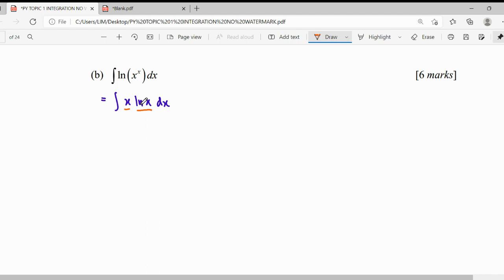So for integration by parts, the formula will be: integrate u dv equals uv minus integrate v du.